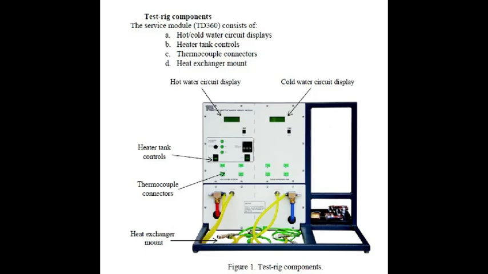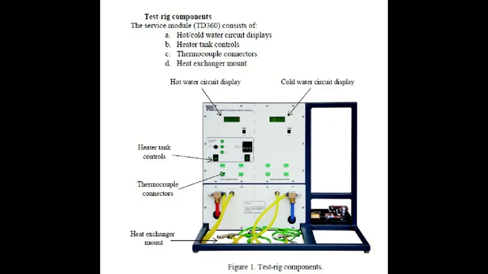The hot water flow rate will be 4 liters per minute, and the cooling water flow rate will be 3 liters per minute. So let's start this experiment and we can explain everything here.